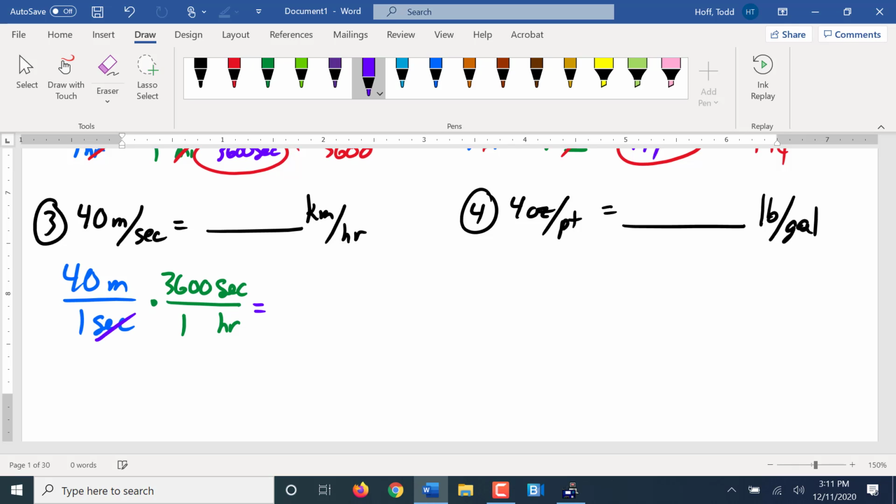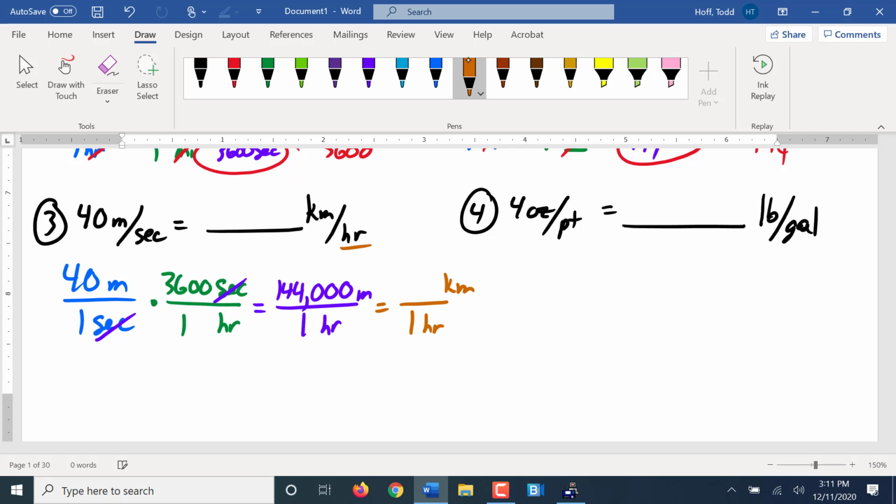Gives us how many meters per hour? 40 times 3,600, 144,000 meters per hour. The reason we did that was because to convert the metric portion, we don't really have to calculate anything. I'm going to leave the 1 hour alone because we need the hour.